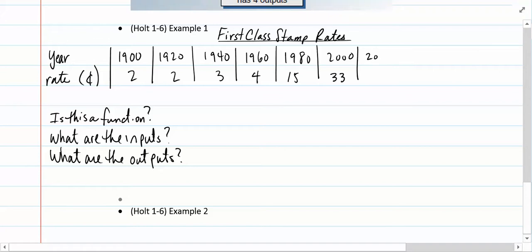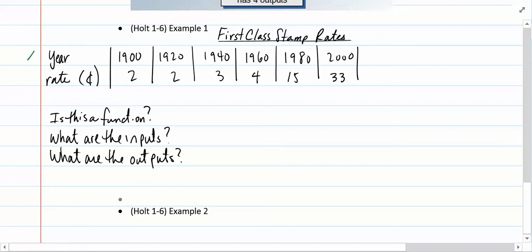Now, for this case, I'm going to erase the year 2020 because that wasn't part of our original diagram. So with each of these inputs, does it have exactly one output? Well, in order to answer that question and decide whether this is a function, then we better do a better job of identifying what our inputs and outputs are. So let's go ahead and answer 2 and 3 first.